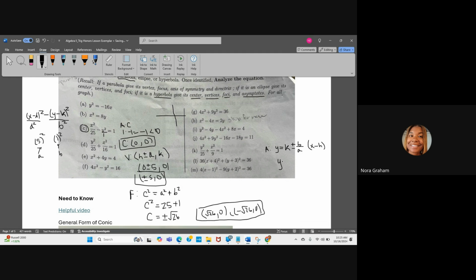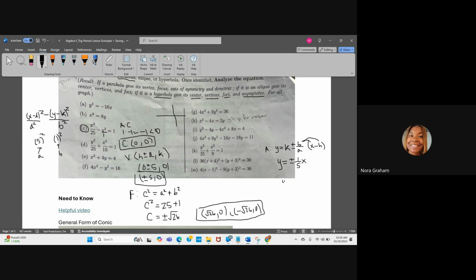So y equals, my k is 0, plus or minus, my b is 1, my a is 5. And to save time, my h is 0 as well. If I use the distributive property, I just get x right here. So that means I have two lines, all right?